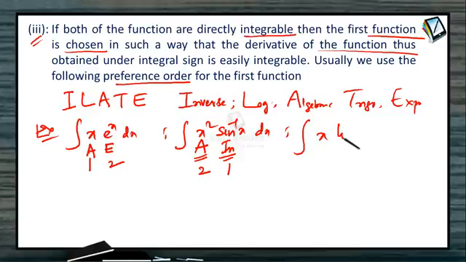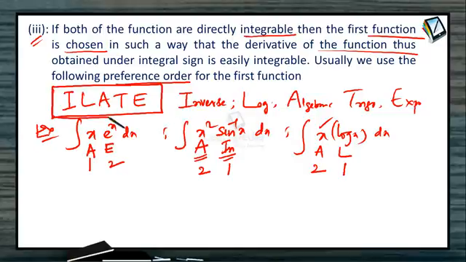Similarly, for the integral of x log x, as x is algebraic and log x is logarithmic, log x should be taken as the first function and x as the second, even though the derivative of x vanishes after a few finite steps. So this is the basis for the preference in selecting the first function, but there are exceptional cases. We shall see various examples where we can find these functions.